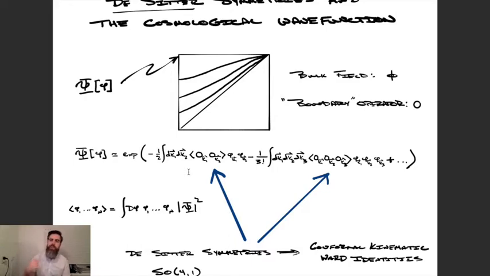If I want to extract something like correlators from the wave function, what I do is I just square the wave function, multiply by a bunch of fields, and then integrate, exactly like we do in quantum mechanics. So in a very real sense, these wave function coefficients encode all the information about correlation functions of the fields phi.